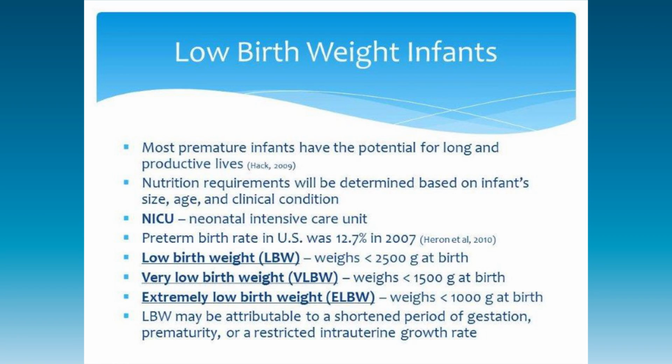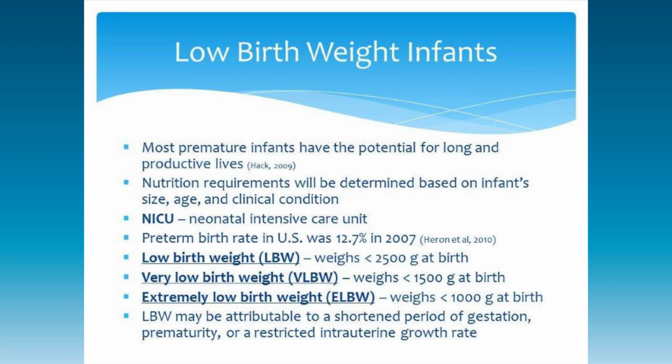The NICU, just some terminology, is your neonatal intensive care unit, so that's where these infants will be. The preterm birth rate in the US back in 2007 was about 12.7%. And then just some terms: if you see low birth weight, that's an infant that weighs less than 2,500 grams at birth.